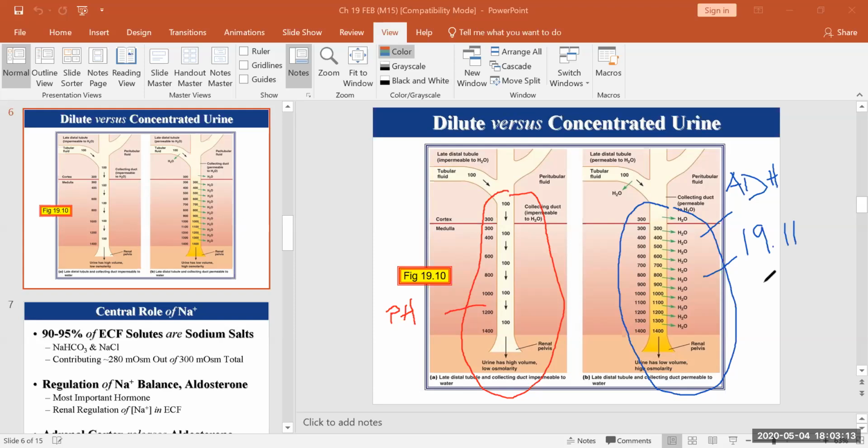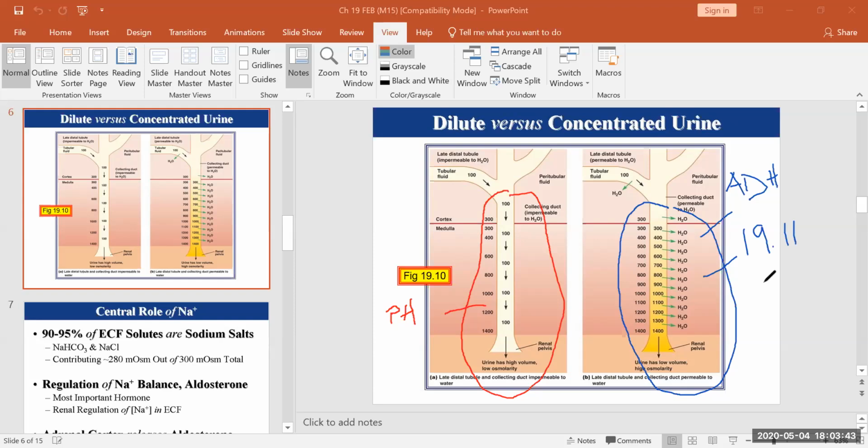So ADH has a direct influence on the insertion of aquaporin 2 on the apical membrane of the principal cells lining the collecting duct, allowing the kidneys to reclaim water, because the body needs water. The body is being dehydrated. So that's why you are concentrating your urine.